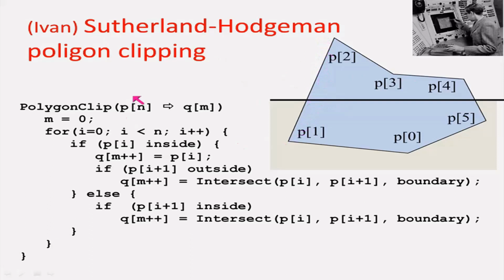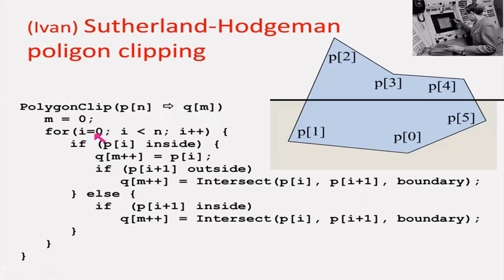The input of the algorithm is an array of vertices and the number of points in this array called n. The output is also another array of vertices and the number of vertices contained by this array. Usually we assume that edge i has endpoints p_i and p_i+1.